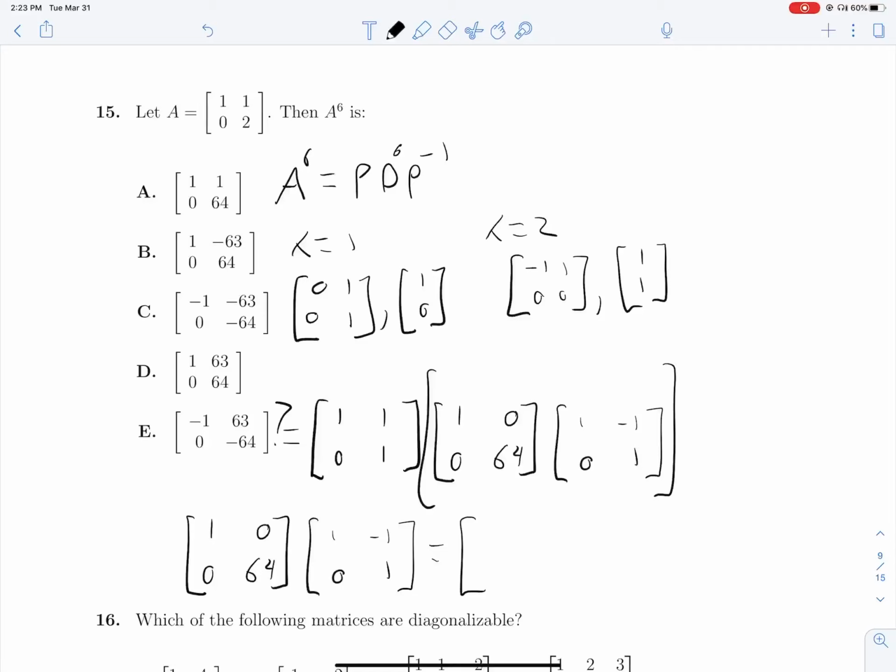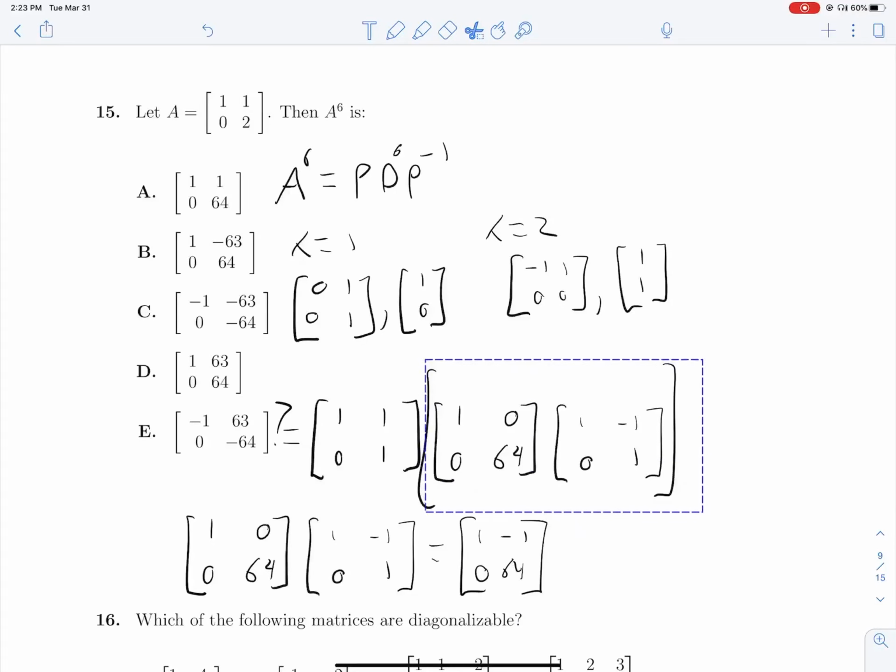Okay, we're going to get another 2 by 2 matrix, and it's going to be composed of 1, 0, -1, 64.